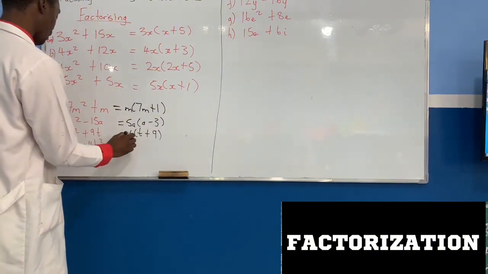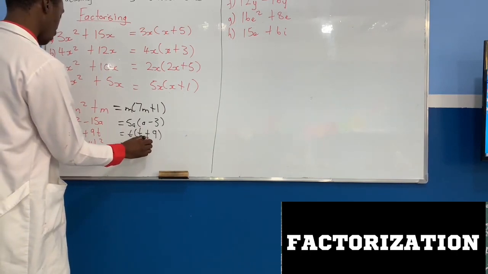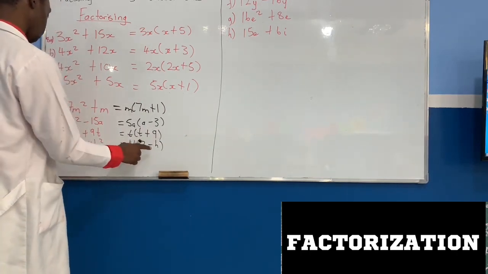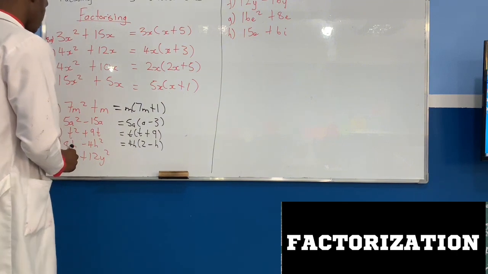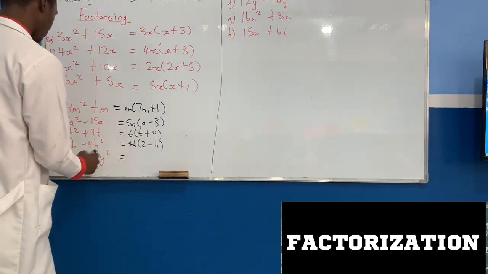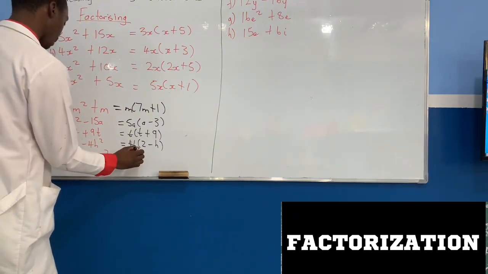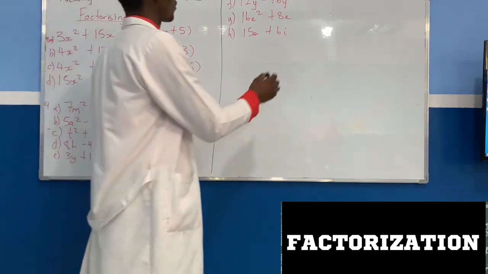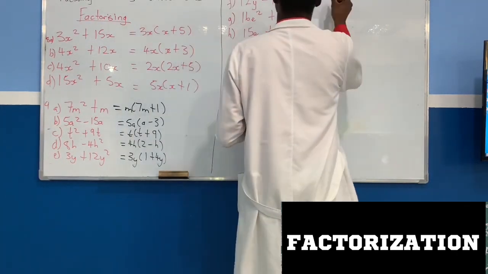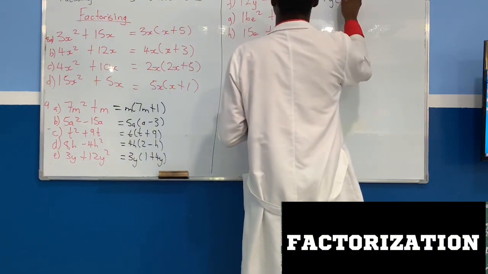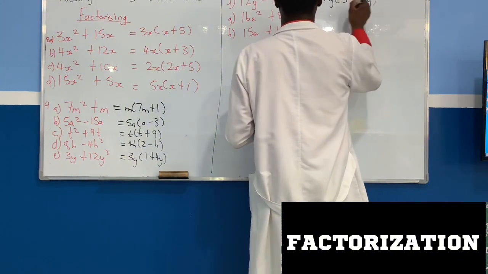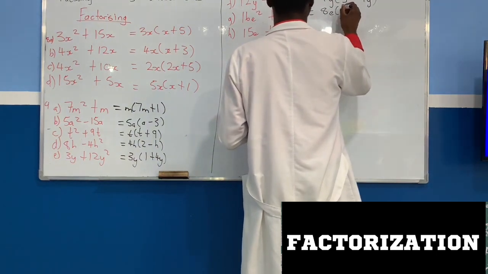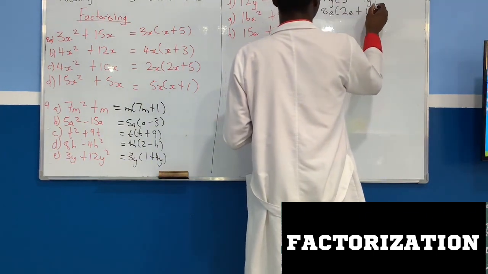Then the fourth one was 4h bracket 2 minus h. The fifth one was 3y bracket 1 plus 4y. The next one, 12y minus 16y, was 4y bracket 3 minus 4y. Then the next one was 8e bracket 2e plus 1.